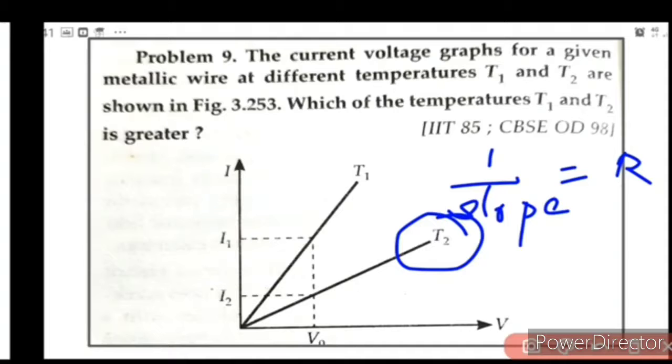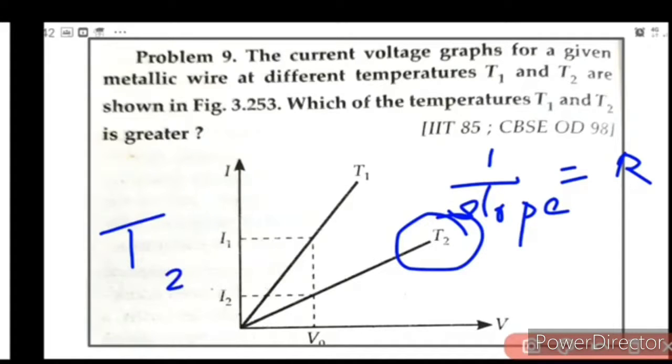For metallic conductors, as the temperature increases, resistance increases. So from the graph we said T2 has more resistance. So which temperature is higher? T2 temperature is greater than T1.